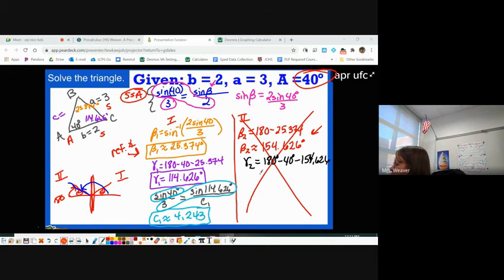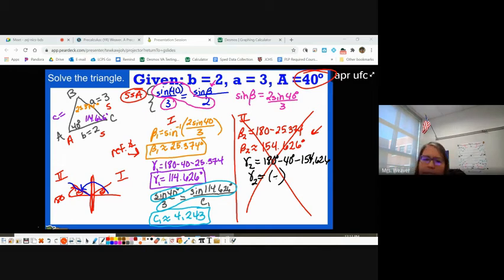And what would you have gotten? You'd get that gamma sub 2 is a negative angle. Can we have a negative angle? Heck no. So as soon as you got a negative angle for gamma 2, you would have been like, dope, there wasn't a second triangle, okay? So no worries if you don't catch it on the beta sub 2, you'll catch it when you find gamma.